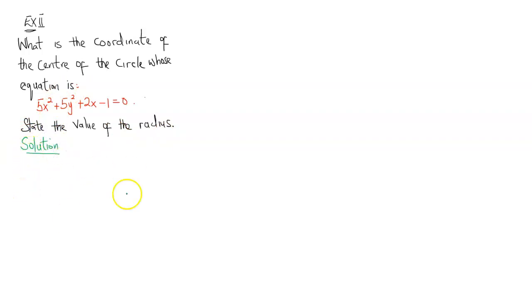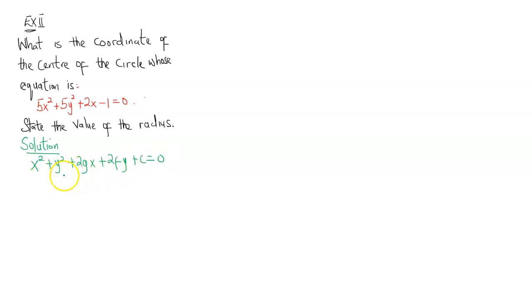So the first thing we are going to do is to state the general equation of the circle, x squared plus y squared plus 2gx plus 2fy plus c equal to 0.